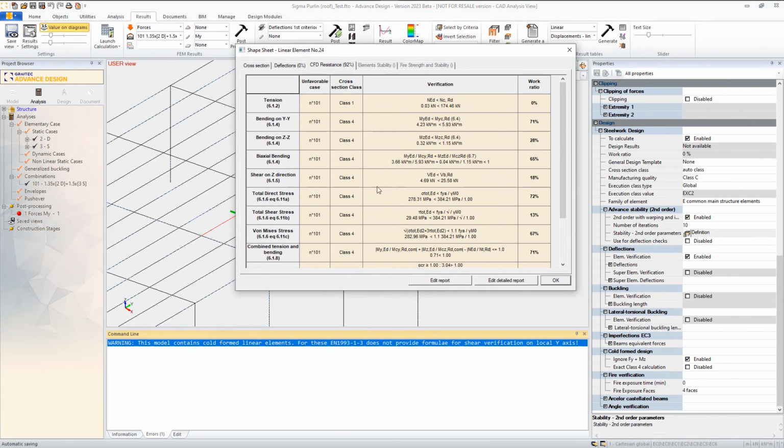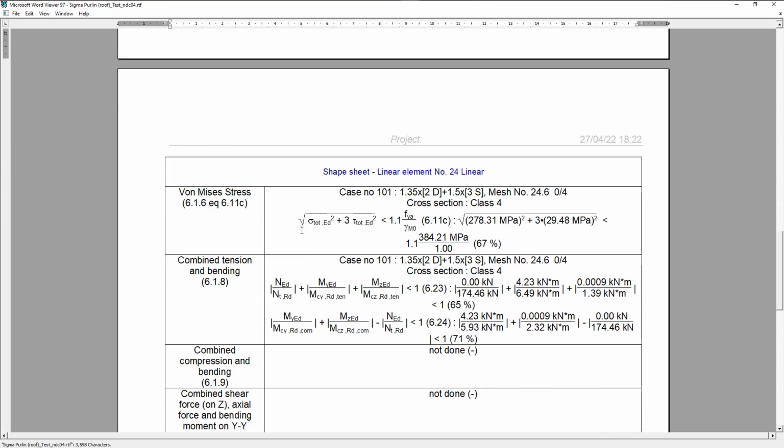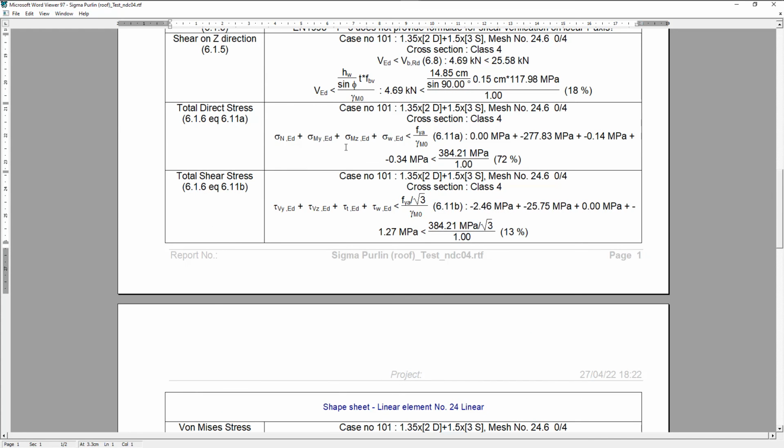the results. And for purlin, after an advanced stability analysis, the design check you will be interested in is actually the total direct stress, because it will involve the in-plane bending moment amplified with the potential second order effects.